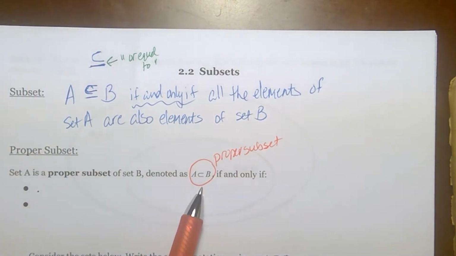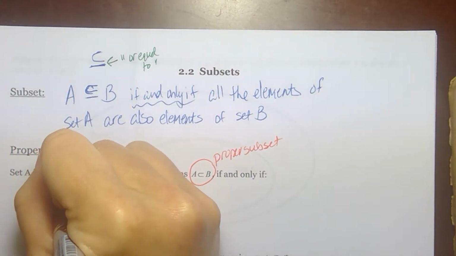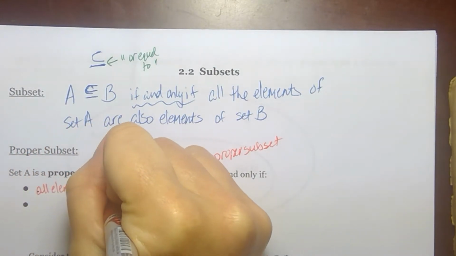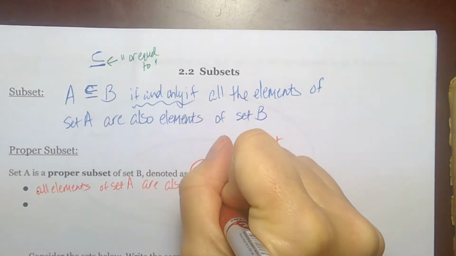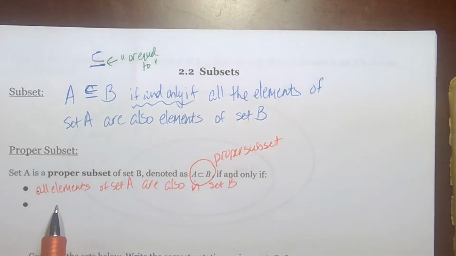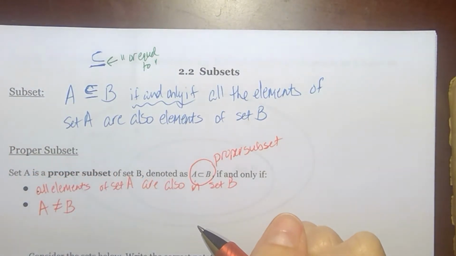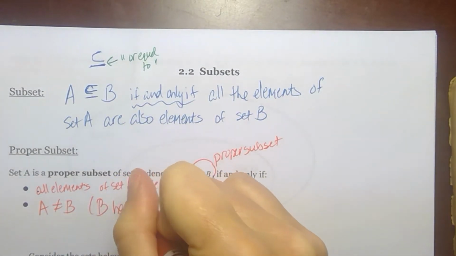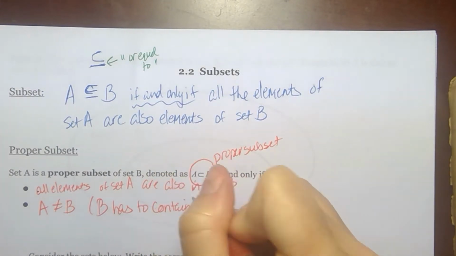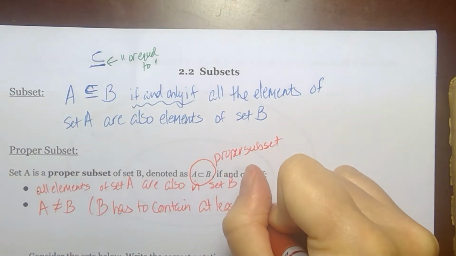Set A is a proper subset of B if and only if, and we're going to start with this definition, all elements of set A are also in set B, but additionally, A cannot be equal to B. That means that B has to be bigger. B has to contain at least one more element than set A.